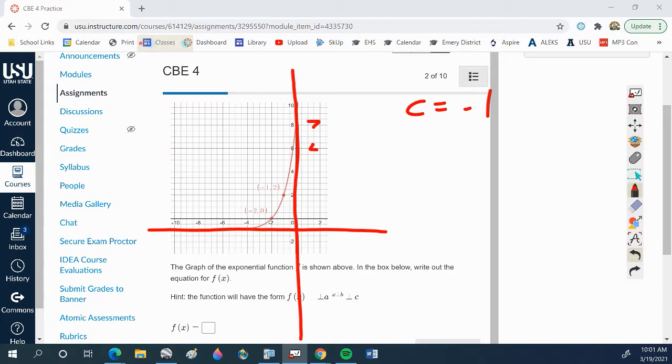and then 7, 5, 4, hold on, I can't count. 5, 3, 1. Okay, so how much is this graph, I really screwed that up.